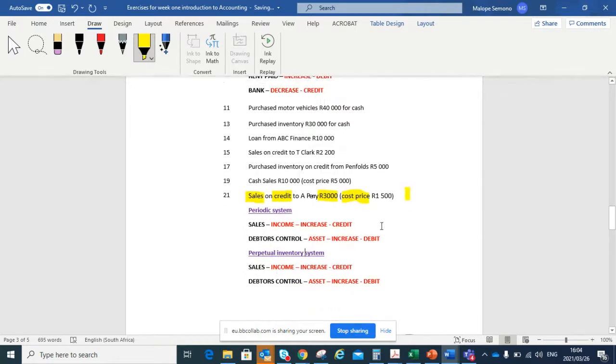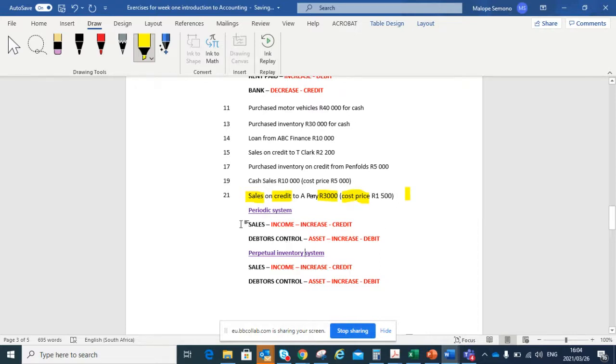Let me see, what is perpetual? Remember, if it is perpetual, it won't change anything here, but you are going to have more accounts. Can you see under periodic, we only considered the sales or the selling price. But when it comes to perpetual, you must also consider the cost price.